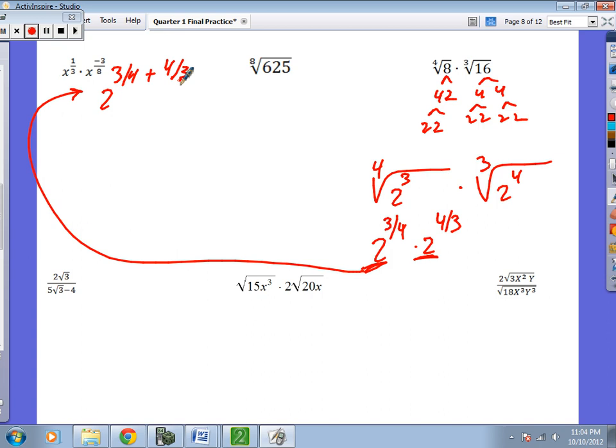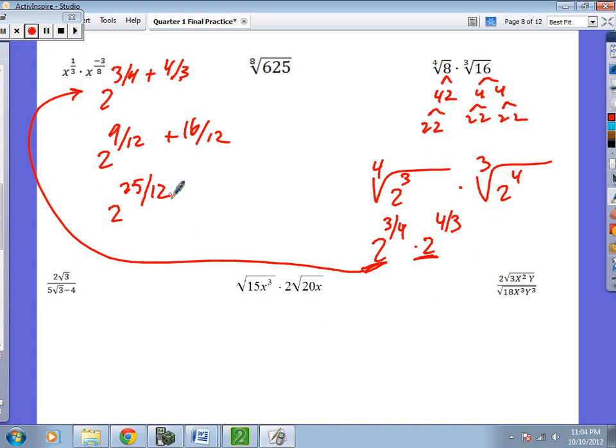Fourths and thirds, change them both to 12ths probably. How many 12ths is 3/4? 9 12ths and 16 12ths. So you're going to have 2 to the 25 12ths.